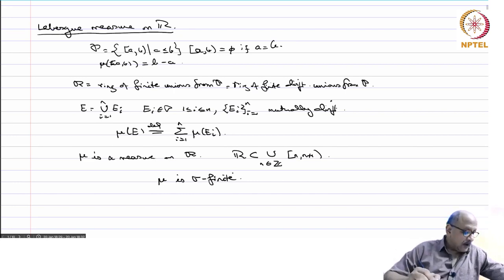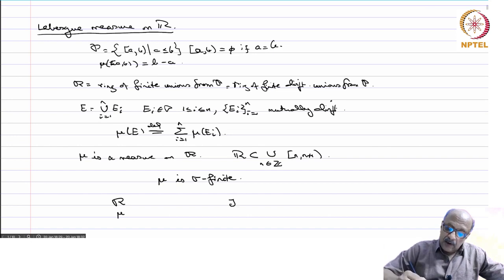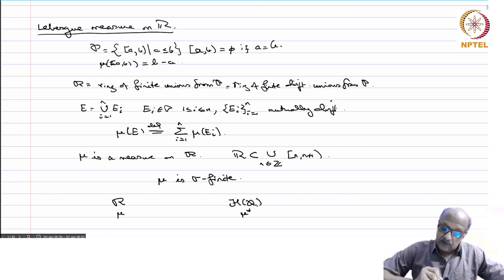So now we are ready to bring about the method of Caratheodory. So we have here the ring R, and the measure is mu, and then we have the hereditary sigma ring H(R), and there we have the natural outer measure mu star.